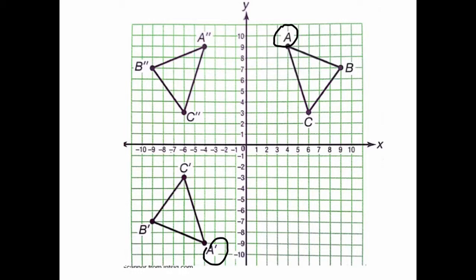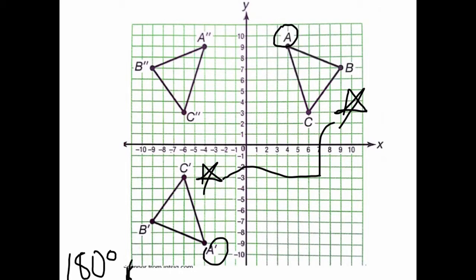I also see that it's moved over more than one axis, which means it would have gone over the x-axis and over the y-axis. So it couldn't have been a reflection. So that leaves rotation. And I know that a move from one quadrant to the diagonal quadrant is going to be a 180 degree rotation. So that's our first transformation.